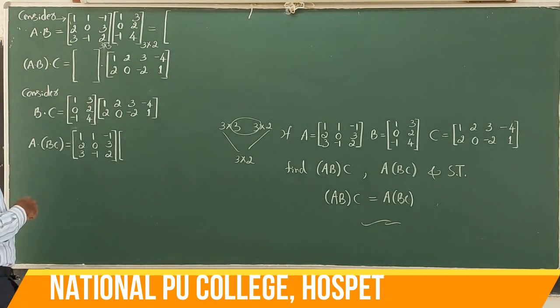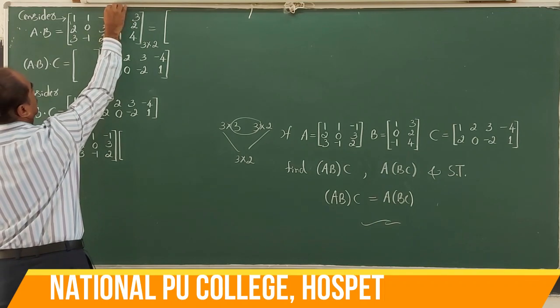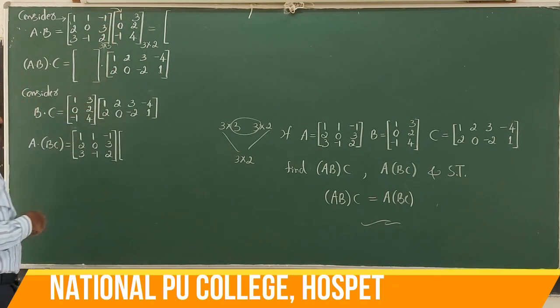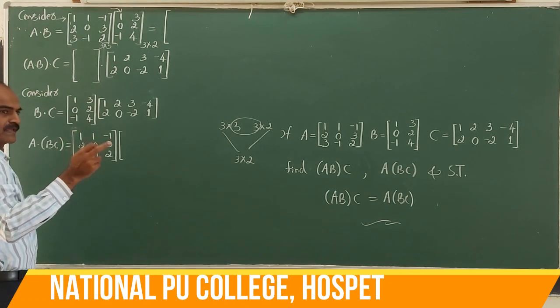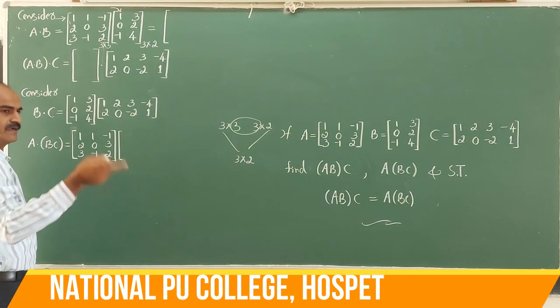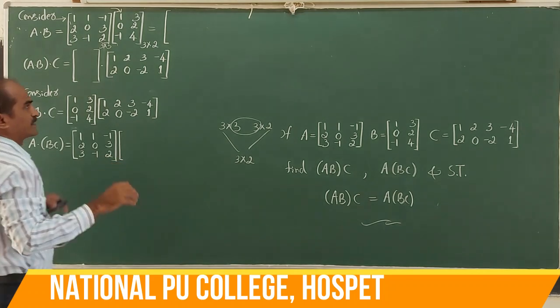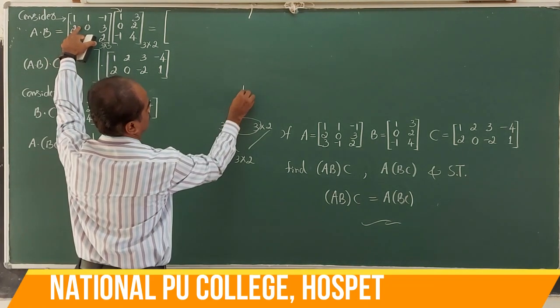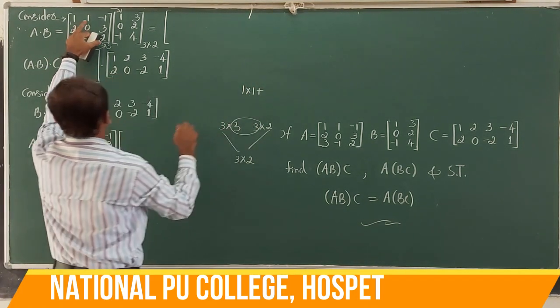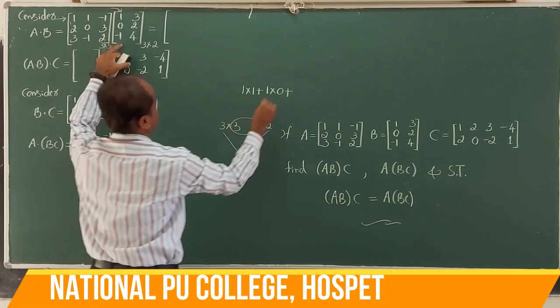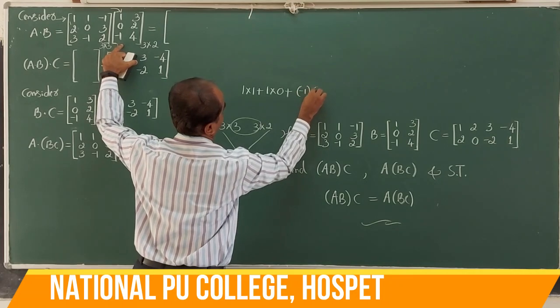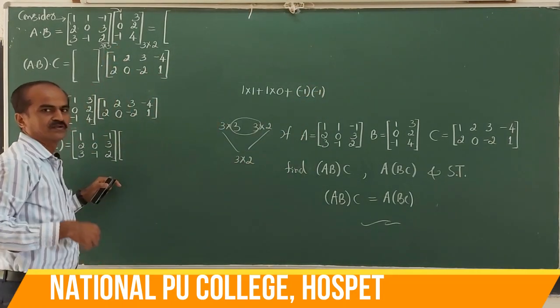Take first row elements of the first matrix and first column elements of the second matrix. There are 3 elements; make pairs of elements, multiply and add. I am not writing the detailed step like 1 into 1 plus 1 into 0 plus minus 1 into minus 1, because it is time consuming.